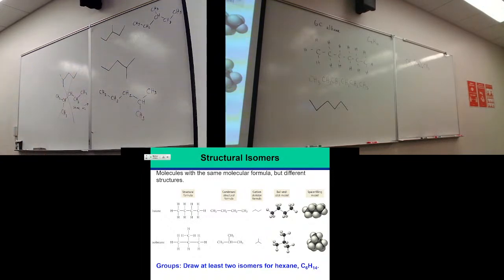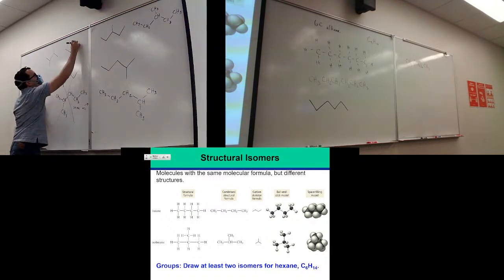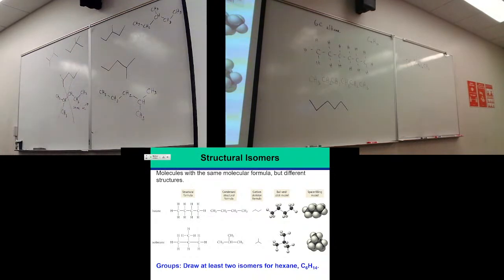But there's one more. What about two branches? 1, 2, 3, 4. How about that? 5, 6. And there's another one. 1, 2, 3, 4, 5, 6. Making sure everything has 4 bonds still.